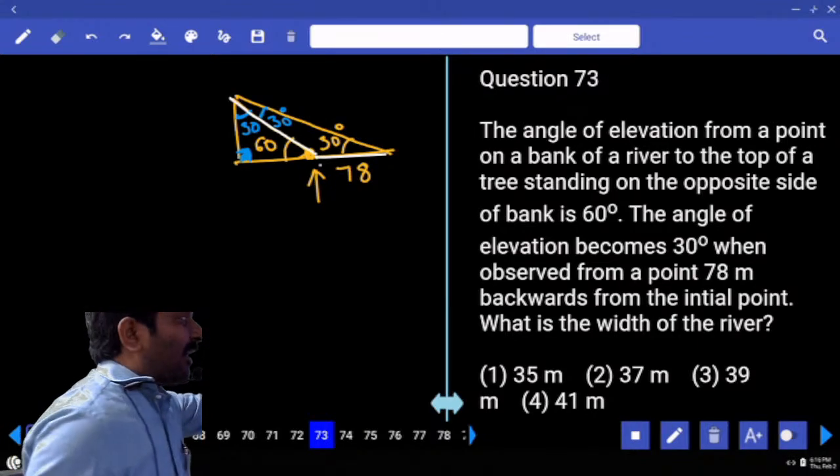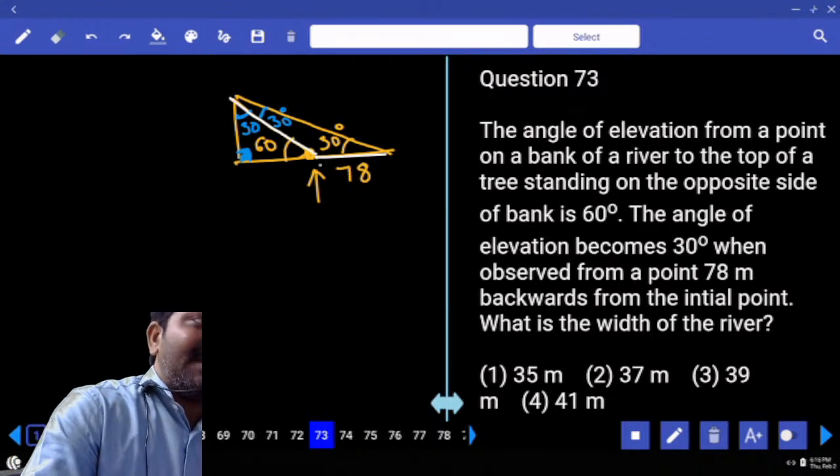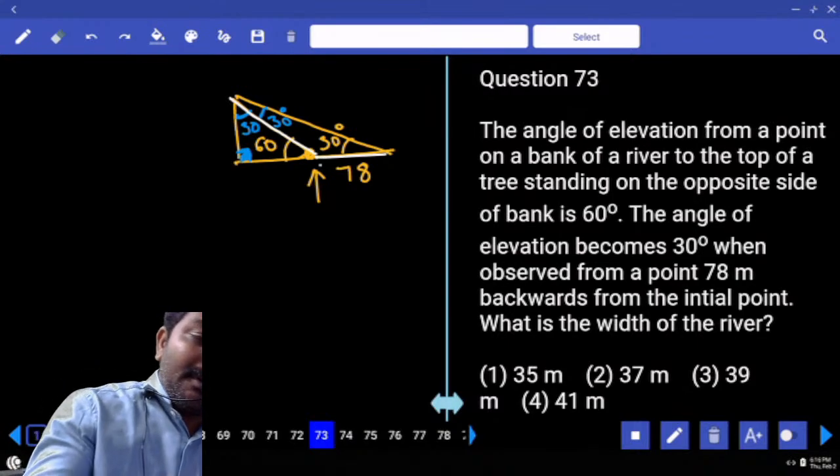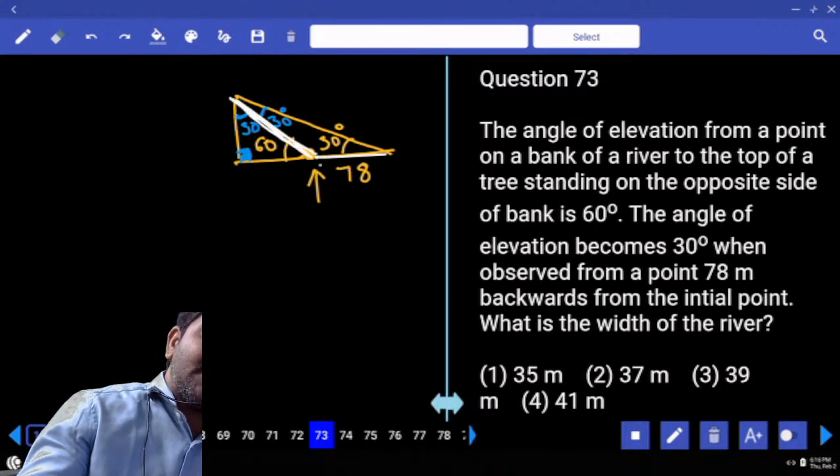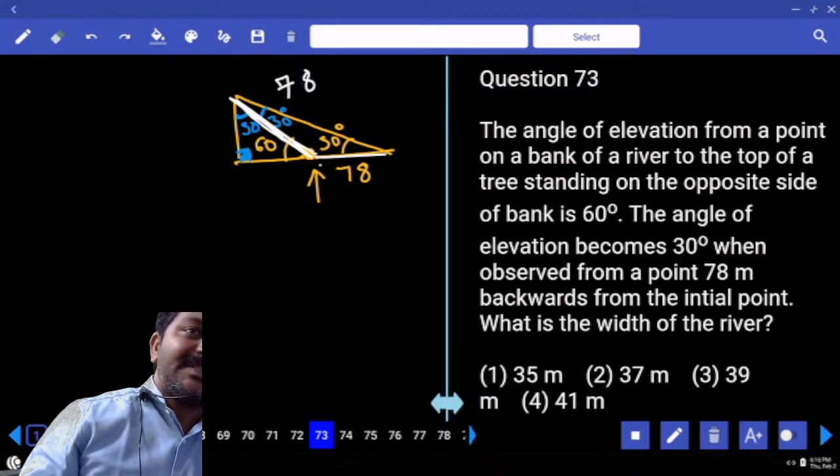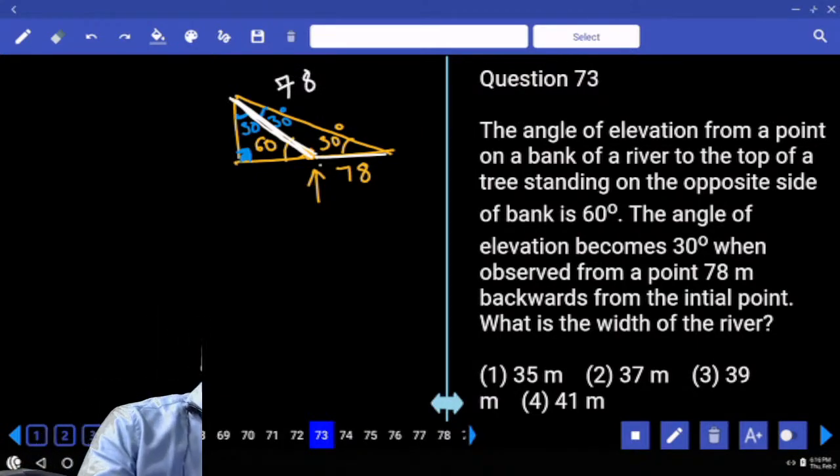So white color are those two sides, those must be same, correct? So this is also equals to 78. Okay. Now sin 30. 1 by 2. This is 1 and this is 2.